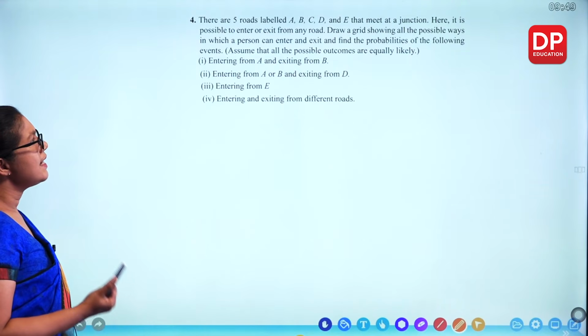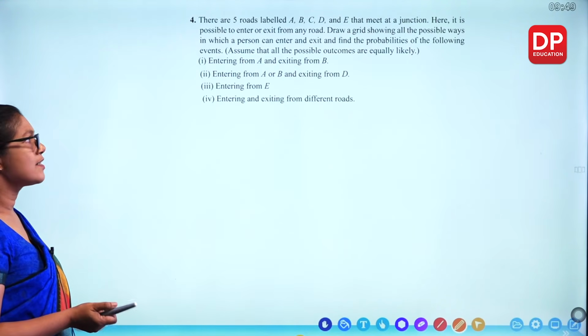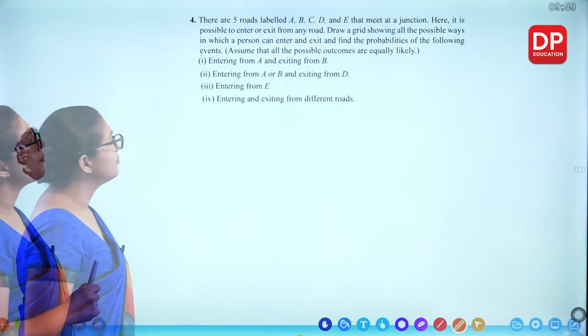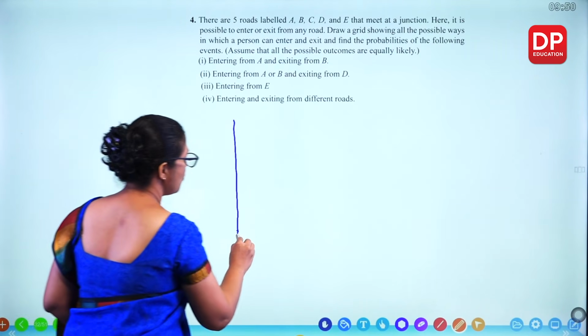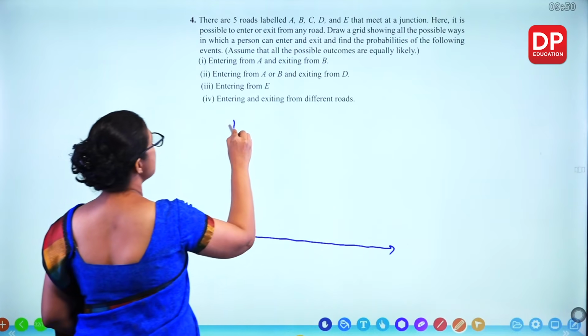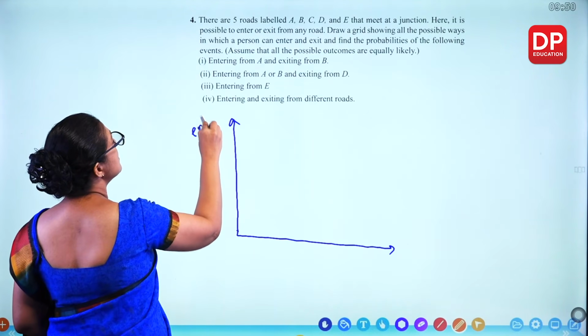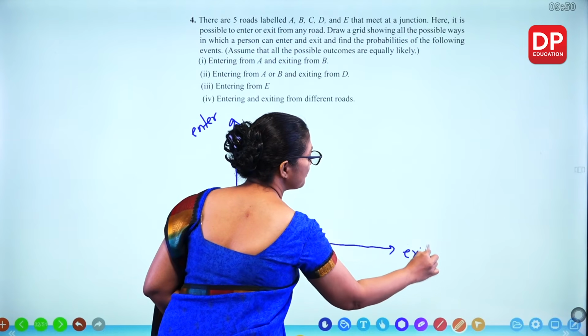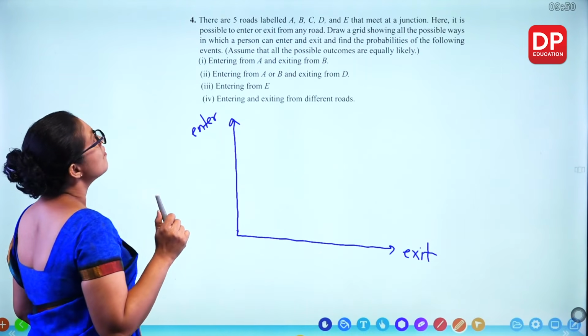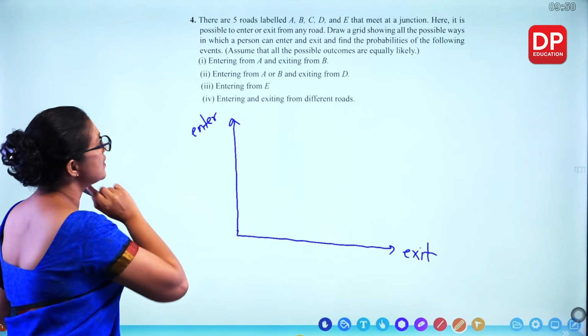So here, what are the possible outcomes for all these? Entering and exit. Enter and exit. 2 possible outcomes are there. In this question, we'll take the 2 sides as one is enter, the other one is exit. So, what are the roads?